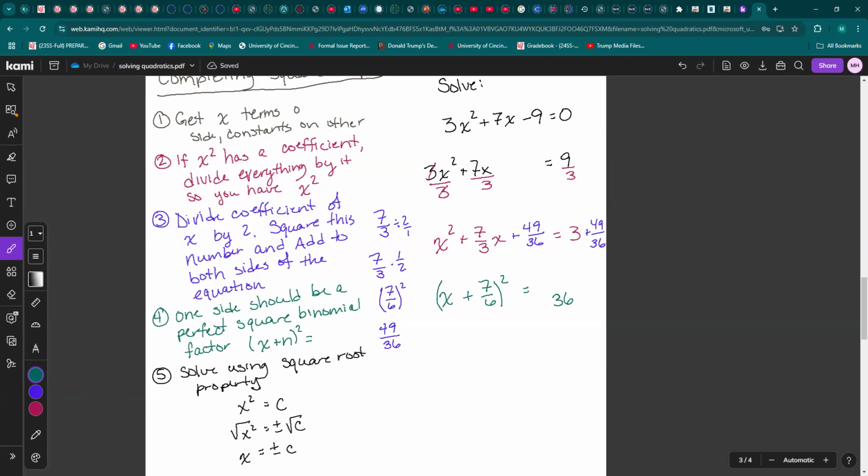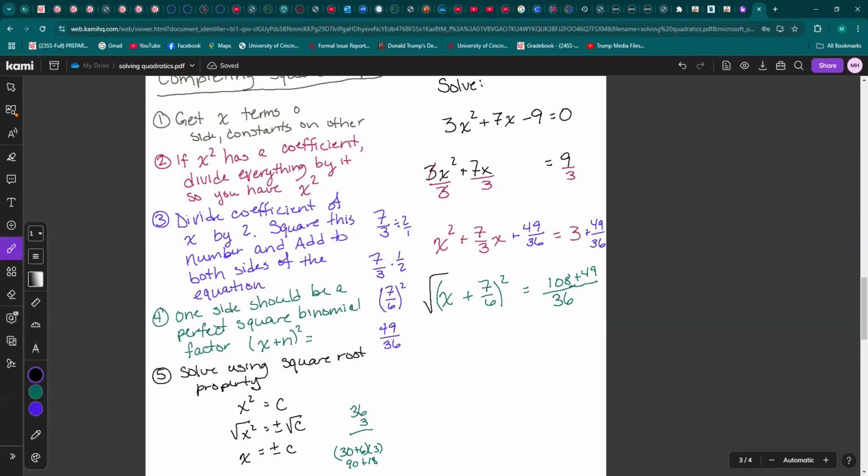I will do it way down here. 36 times 3 is the same thing as 30 plus 6 times 3, which is 90 plus 18. So this is 108 plus 49, because I have to have the whole thing. I'm going to leave that for a second. I've got my perfect square trinomial. I have not simplified the other side, but that is okay.